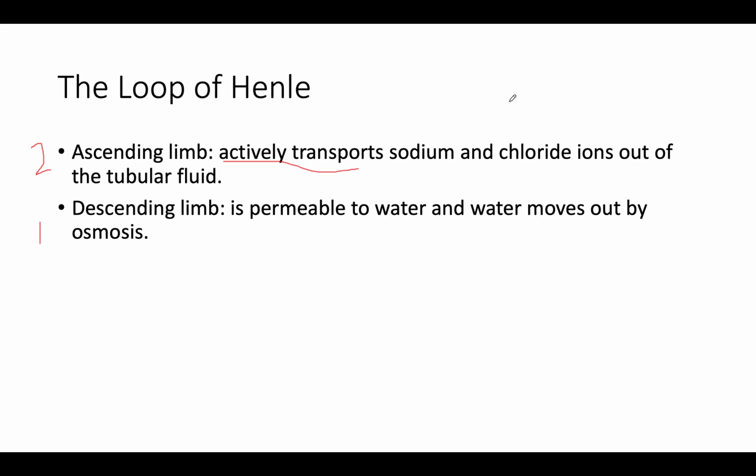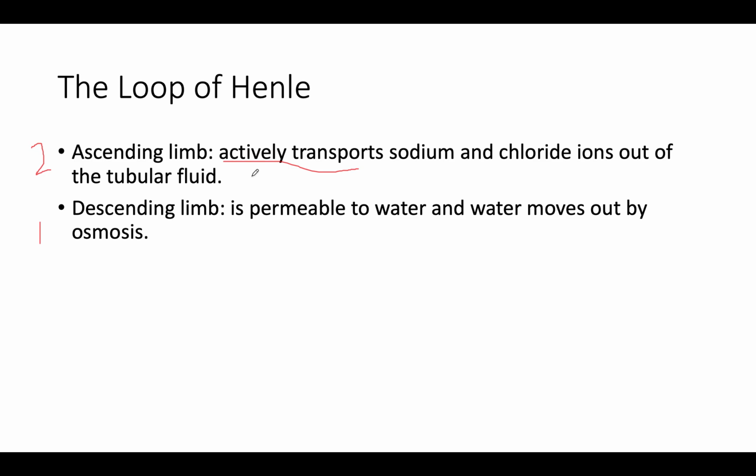Because the water's out, you have a high concentration of sodium, chloride, or salt in general, and water is going to want to flow through. So your ascending limb is going to have to push that salt out, so that water doesn't go back into the ascending limb. When you remove the water, you want to hold on to the water.